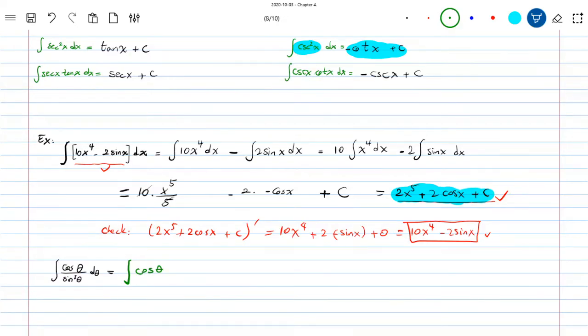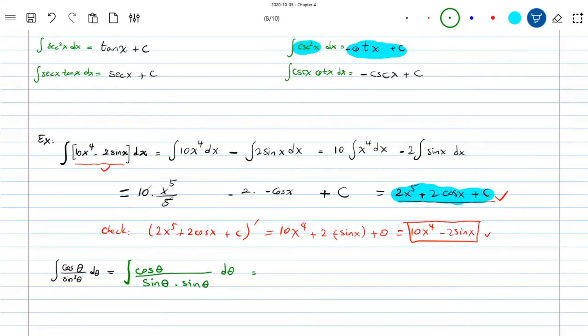Cosine theta divided by sine theta. I'm going to break the sine squared theta and write it this way, sine theta. Instead of sine squared, I wrote it as sine theta times sine theta, and d theta. This d theta just tells you what the derivative is with respect to. It's with respect to theta. Theta is your variable.